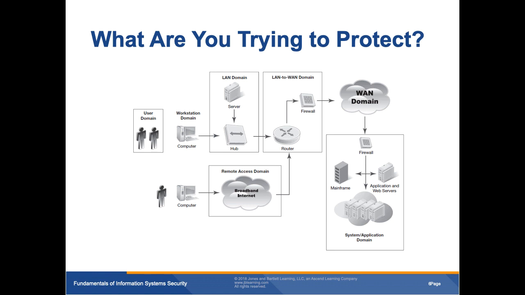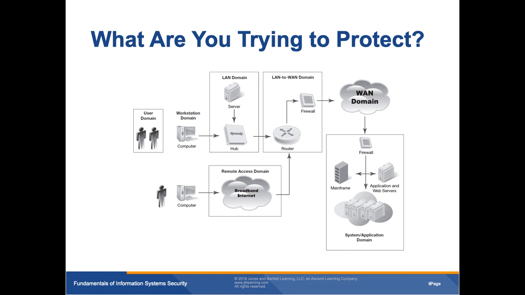And these are the various domains, right? The seven domains again, that are in play within various attacks. Where are they trying to attack? What are you trying to protect? So you've got the user domain, the LAN domain, LAN-to-WAN domain, the WAN domain, system application domain, remote access domain.